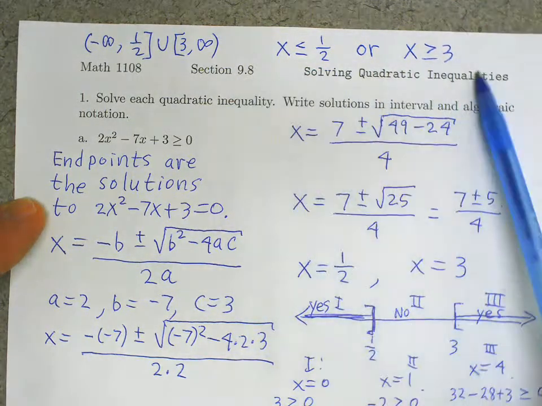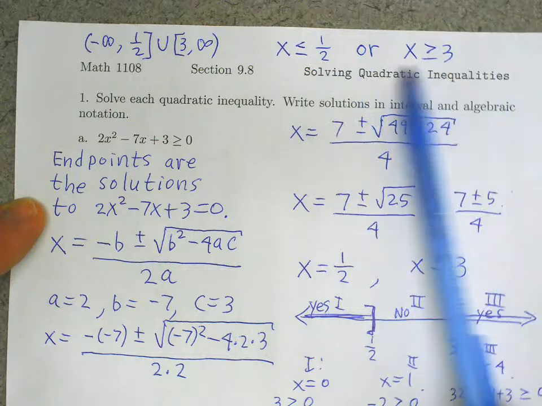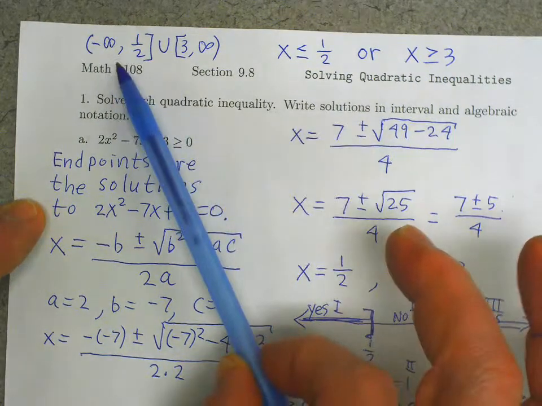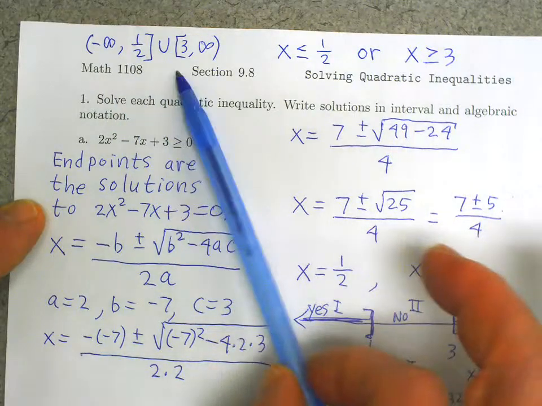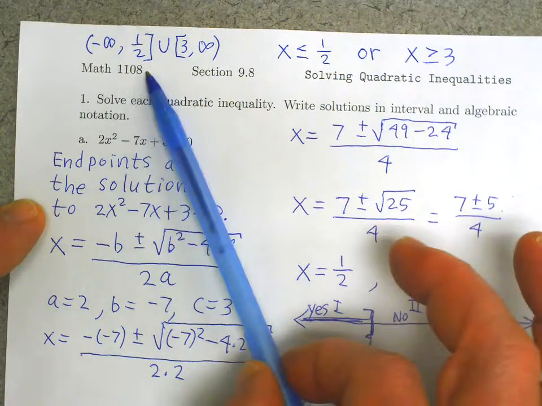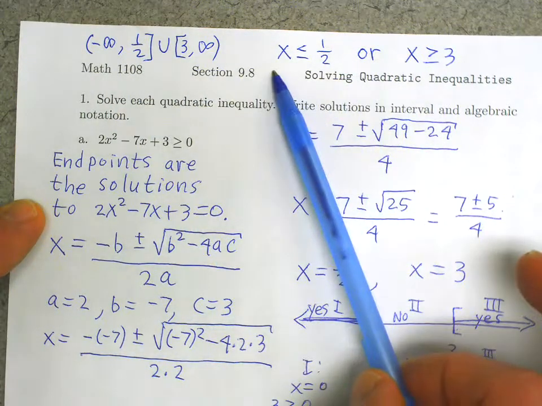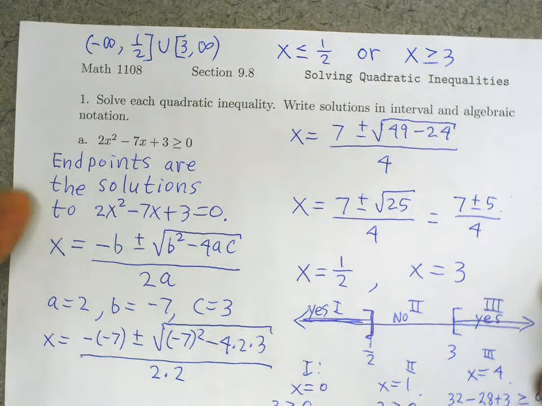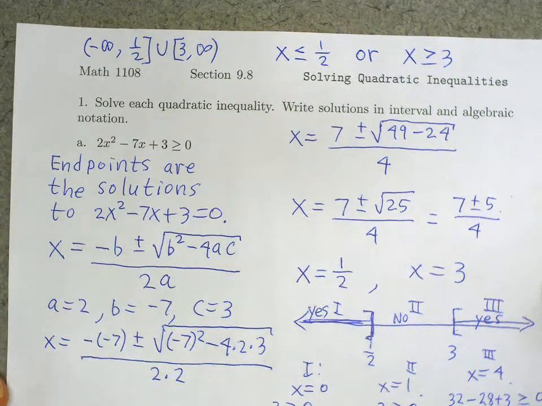Okay, so this is the complete algebraic notation. Okay, so nothing has changed about interval notation. It's the same as what we've seen before, and the same is true with the algebraic notation. Okay, we'll move on to the next example.